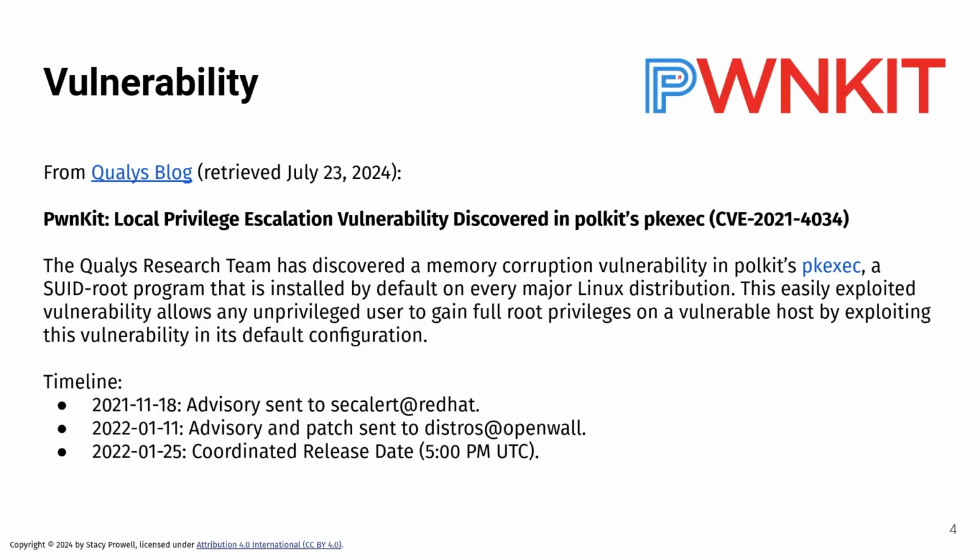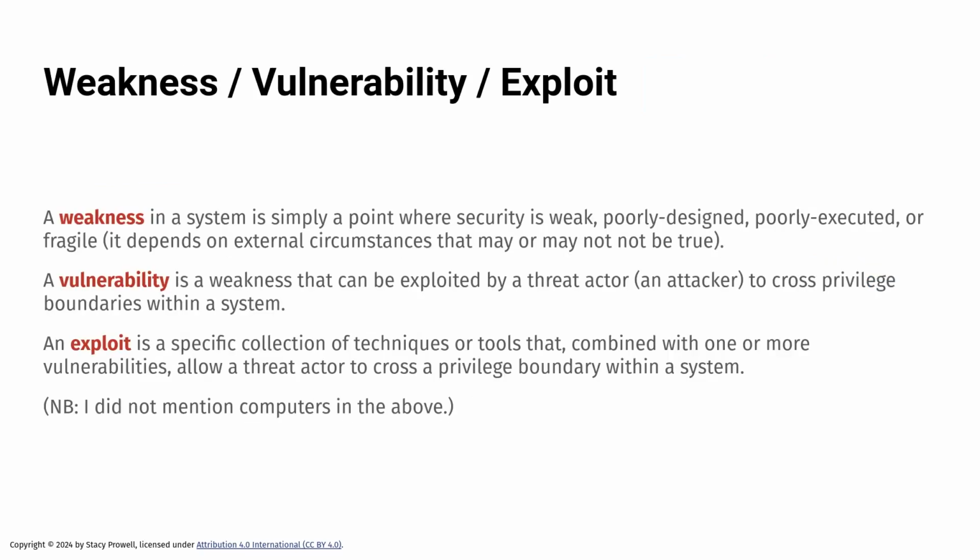This easily exploited vulnerability allows any unprivileged user to gain full root privileges on a vulnerable host by exploiting this vulnerability in the default configuration. There's a lot of things coming at you there, but basically this vulnerability allows you to become root and then do whatever you want to as root. It's a very, very serious vulnerability.